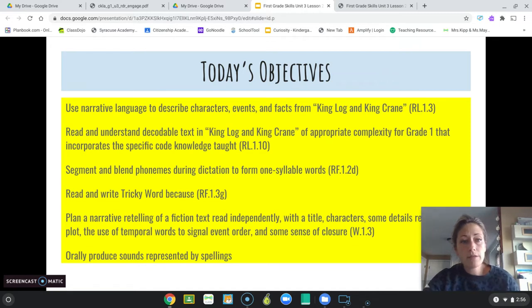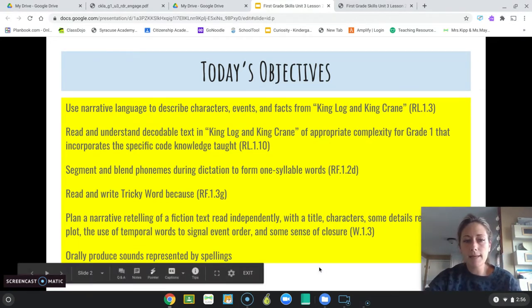We're going to read and write the tricky word because, and we're going to plan a narrative retelling of a fiction text, read independently with title, characters, and some details retelling the plot, the use of temporal words to signal event order, and some sense of closure. And we're going to orally produce sounds represented by spellings.